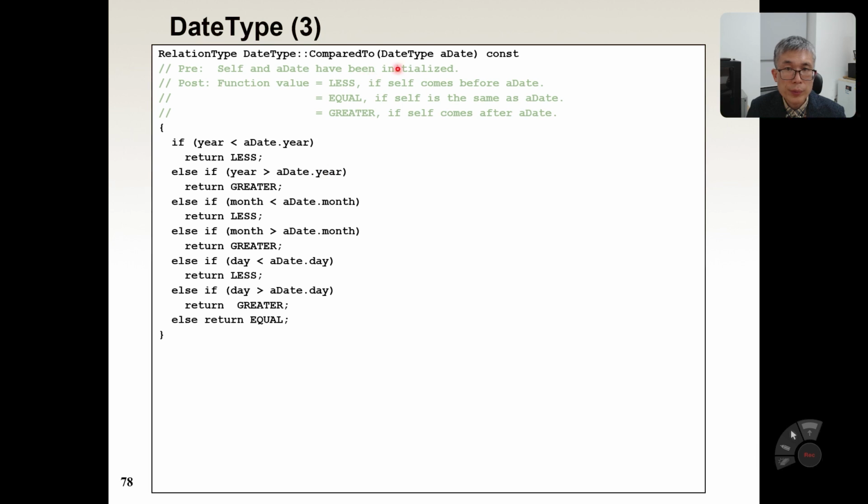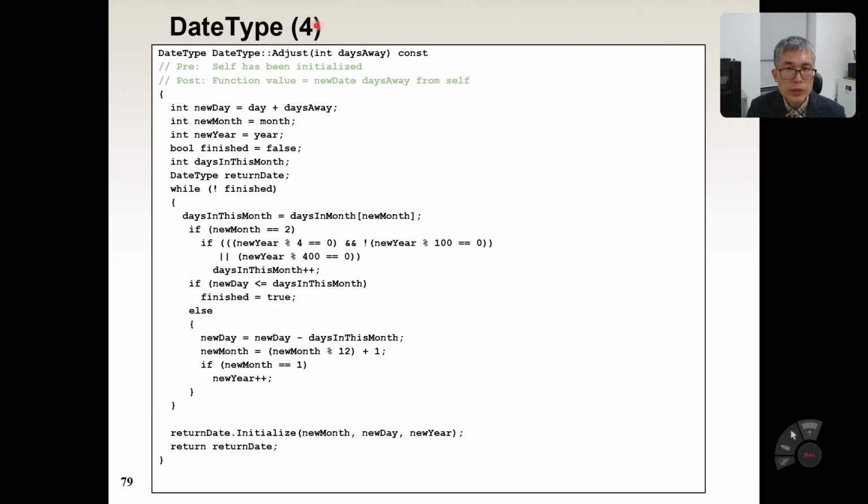So compare, okay, a date. So with the date, year, month, and day are compared. So the current object's year and the passed-in date's year values are compared. Okay, which one is greater, equal, or less?